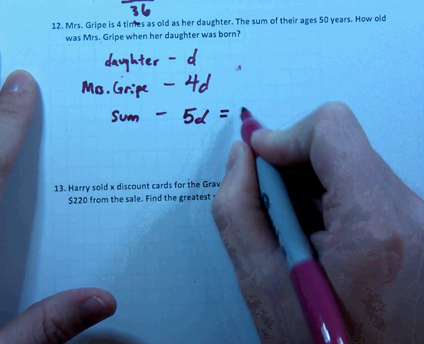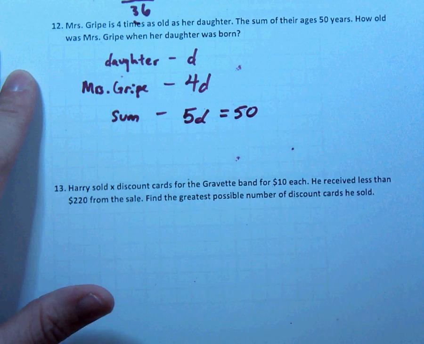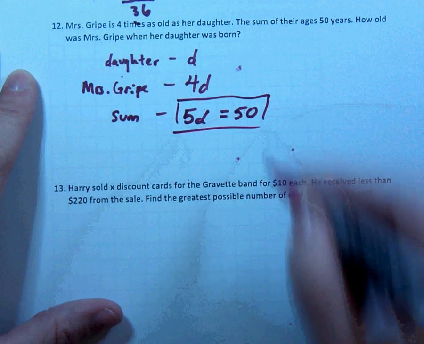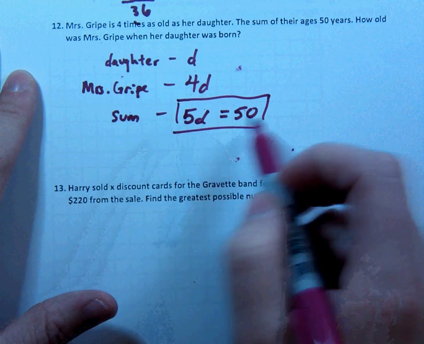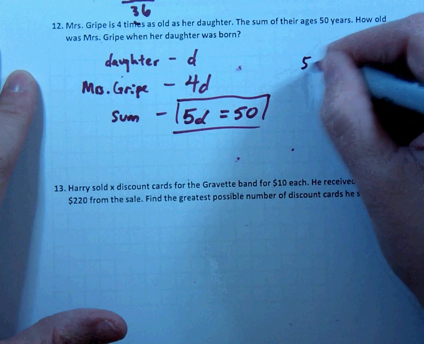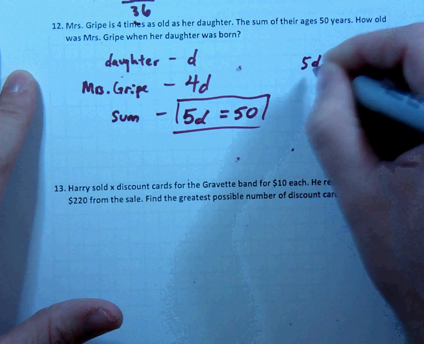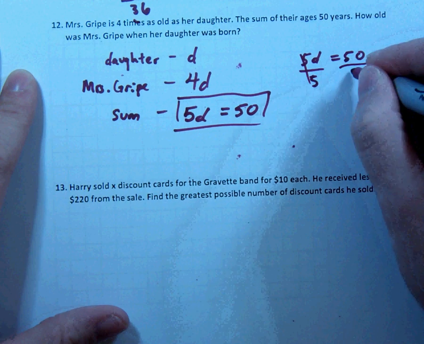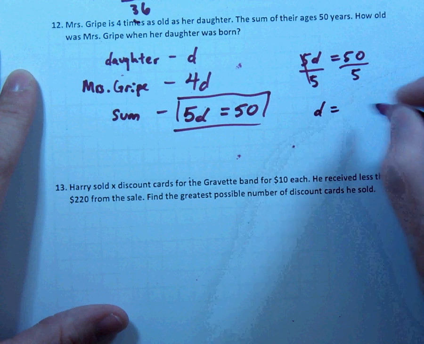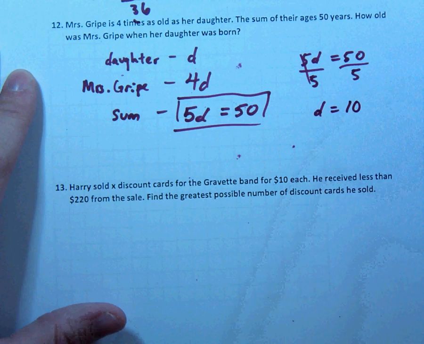The sum is equal to 50 years. Here's our equation, friends. 5 times D is equal to 50. 5D equal to 50. Divide by 5. I get D is equal to 10.